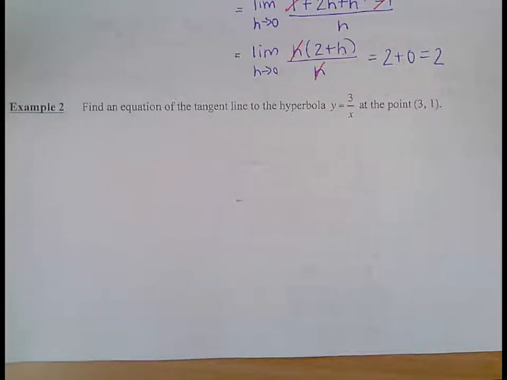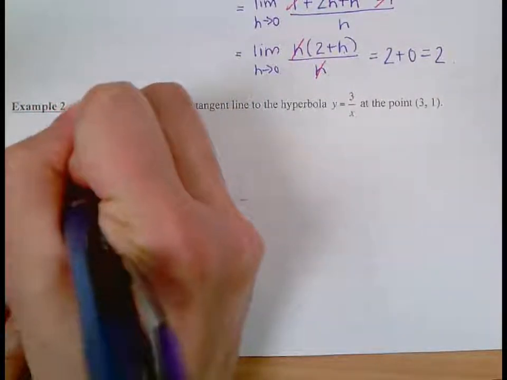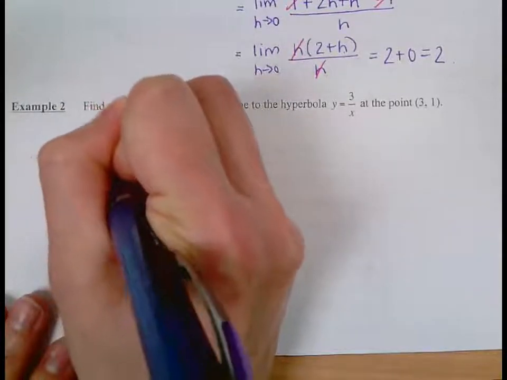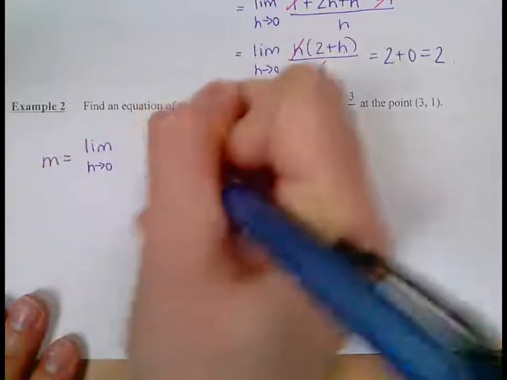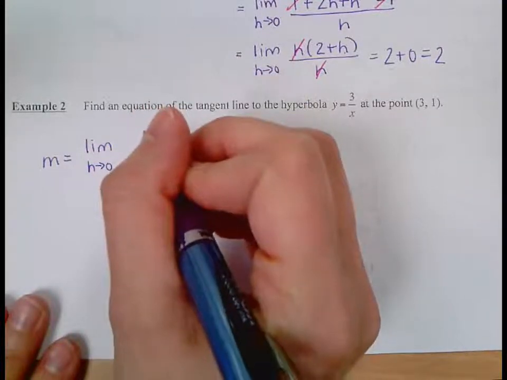So I guess I'll ask your preference on which limit to use, the first one or the second one. I heard the second one first. Ultimately, it doesn't matter. If you wanted to try with the first one, you should get the same slope. So I'm just going to rewrite the limit. If you would like to use the first one, do it and see if you get the same answer.